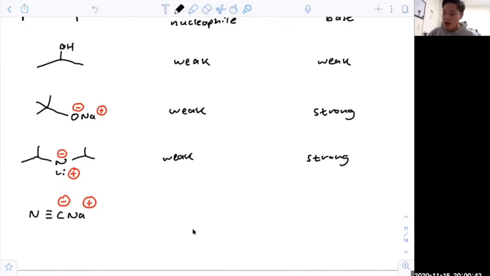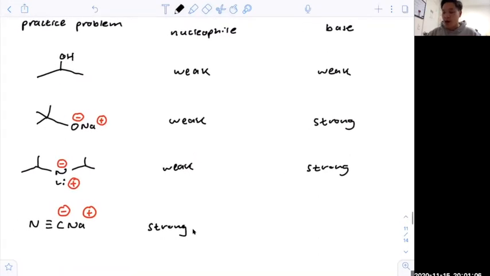It's not hindered, it's left of the periodic table, it's a carbon with a negative charge. So this is a strong nucleophile. And this is actually a trick one. If I don't tell you anything about the pKa's, or anything about its conjugate acid here, you're not going to be able to figure out if it's a weak base or not.